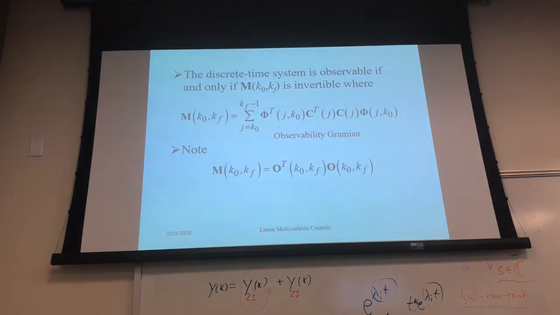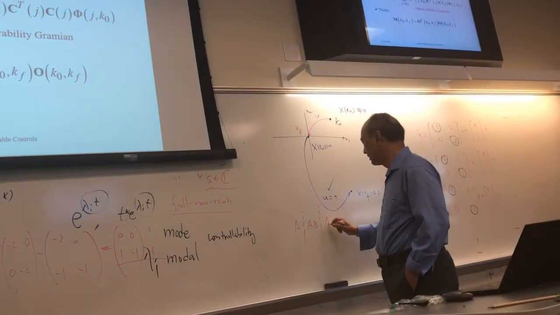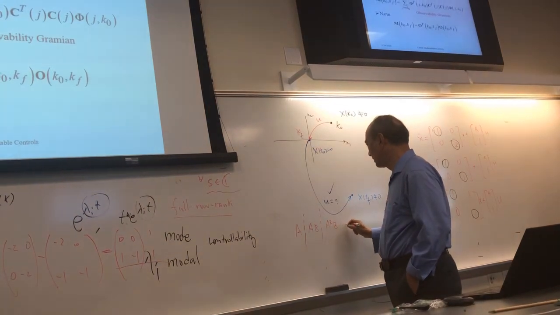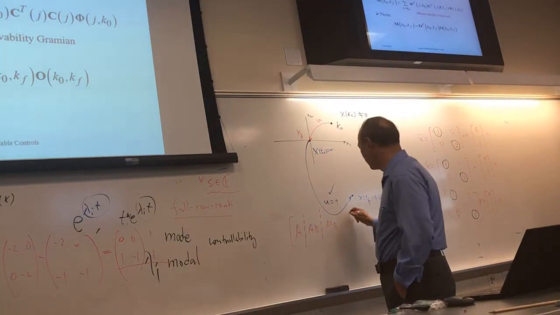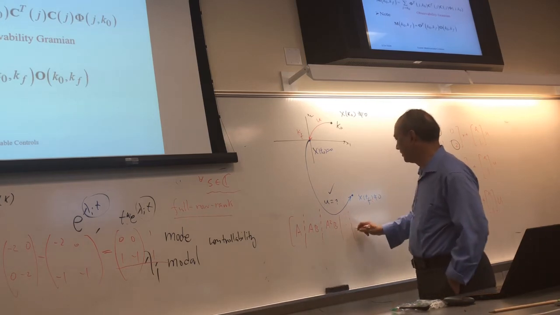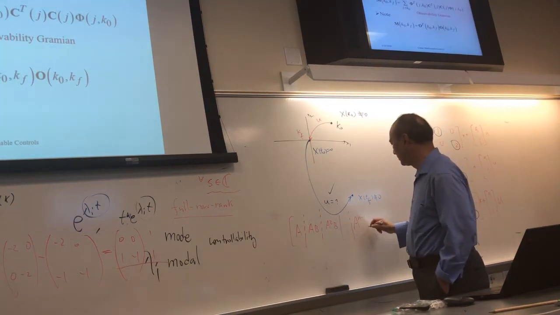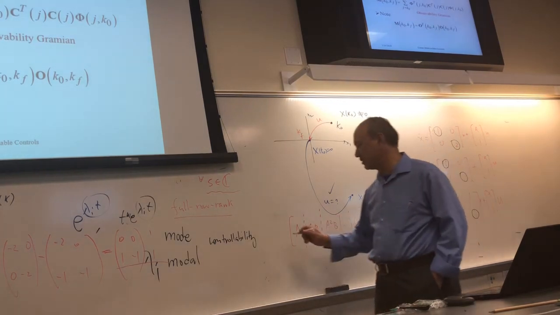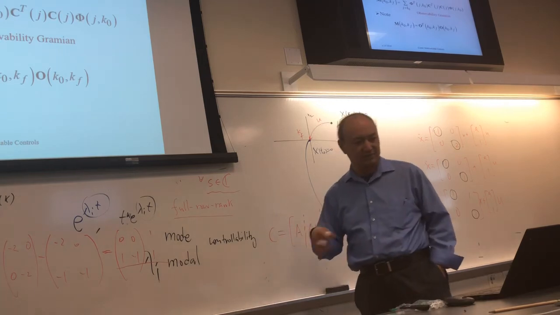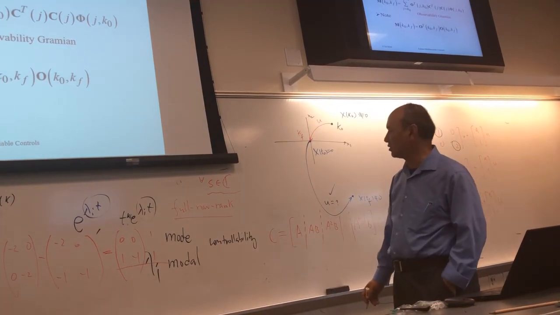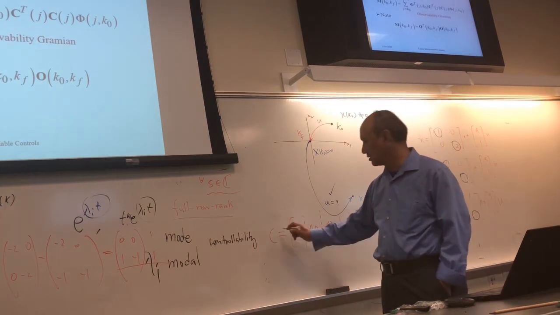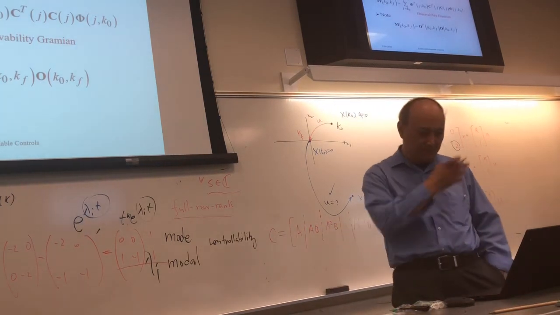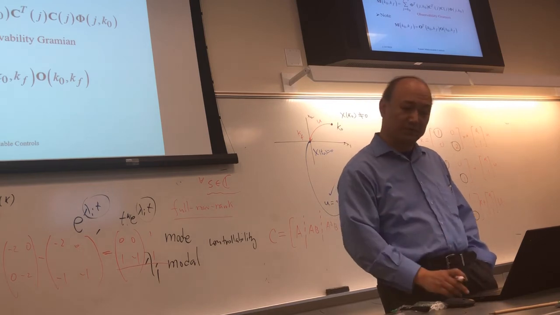When you write something you have seen before, like A, you do AB, A squared B, up to A to the n minus 1 B. People call this the controllability matrix, but it's not the controllability gramian. Okay, it's different.